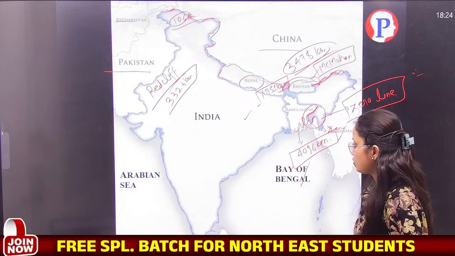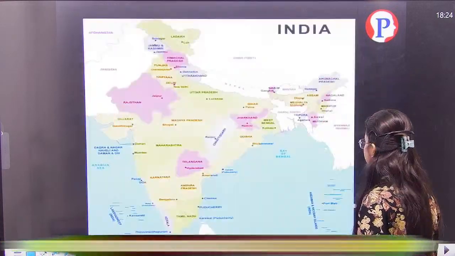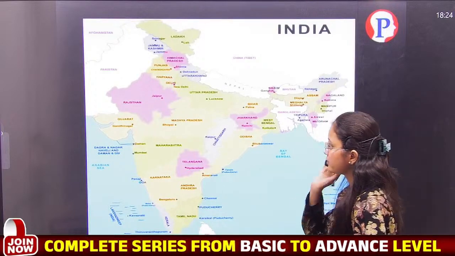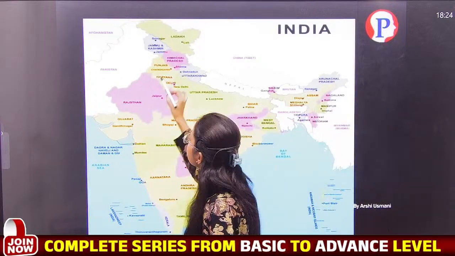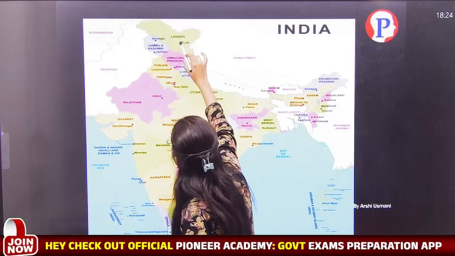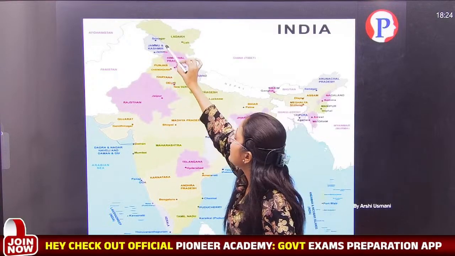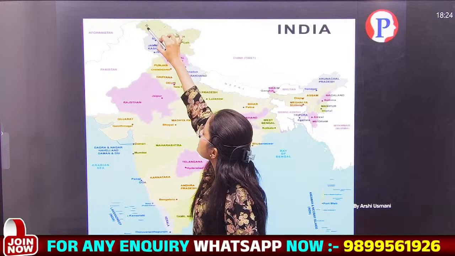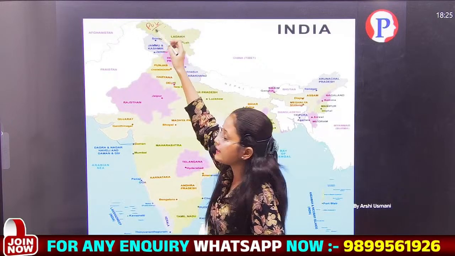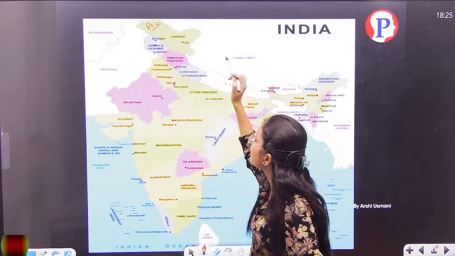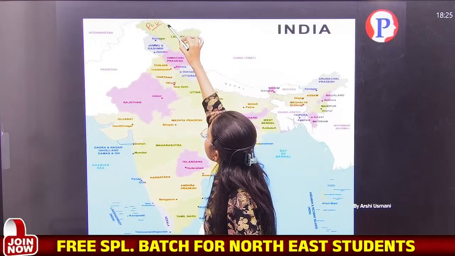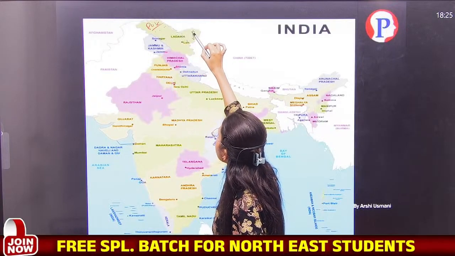Now these are the Indian states we are going to talk about. First one is Ladakh, and this area is called POK. And this area is called Aksai Chin.